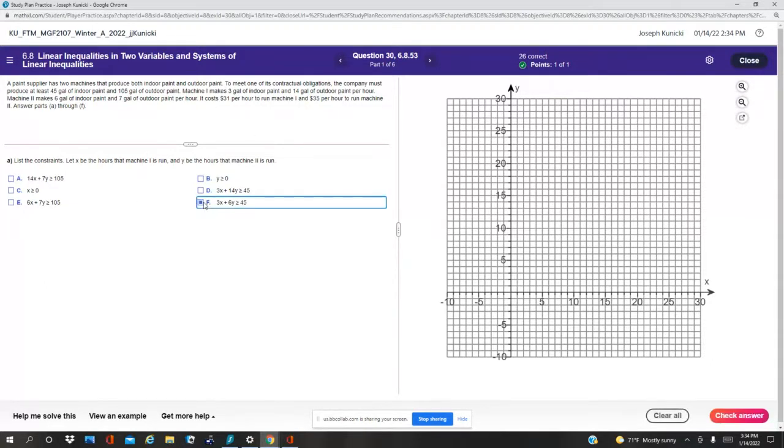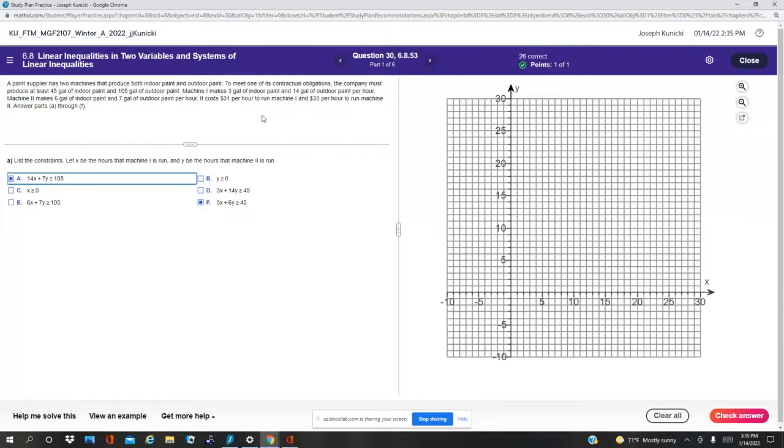So that's correct. And then machine 1 makes 14 gallons of outdoor paint, and machine 2 makes 7, so that's 14X plus 7Y is greater than or equal to 105.